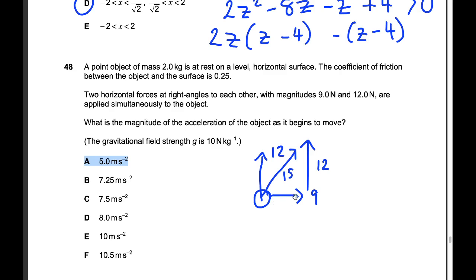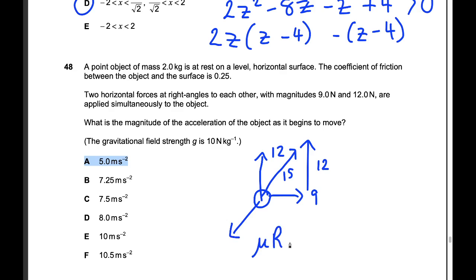So 9 is 3 times 3, 12 is 4 times 3, so the third one has got to be 5 times 3. Now, the friction must always oppose motion. So imagine there wasn't friction, it would just move in that direction, so the friction has to point in the opposite direction.